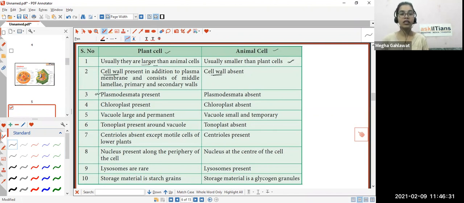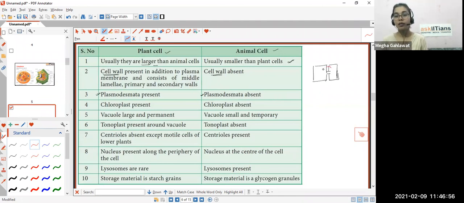Then plasmodesmata is present in the plant cell and it is absent in the animal cell. Now, what is plasmodesmata? Let's say these are two plant cells which are situated adjacent to each other like this. Now, they will have to have a cytoplasmic connection, a connection of both their cytoplasms, in order to communicate and work in a synchronized manner.